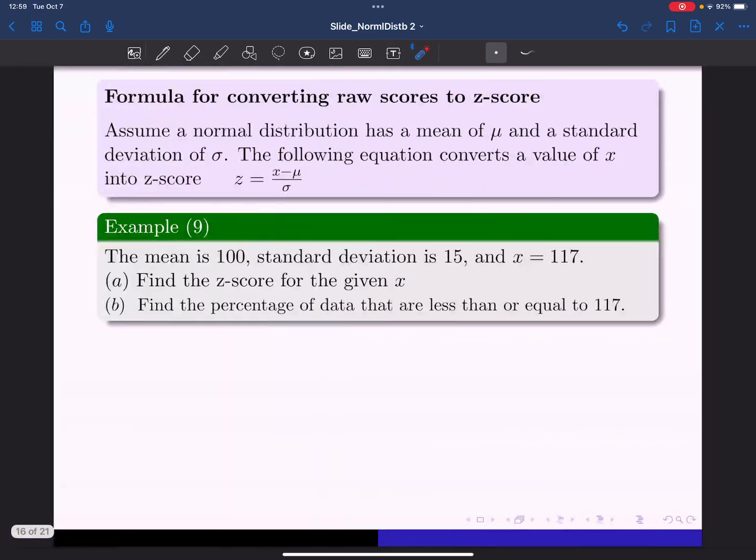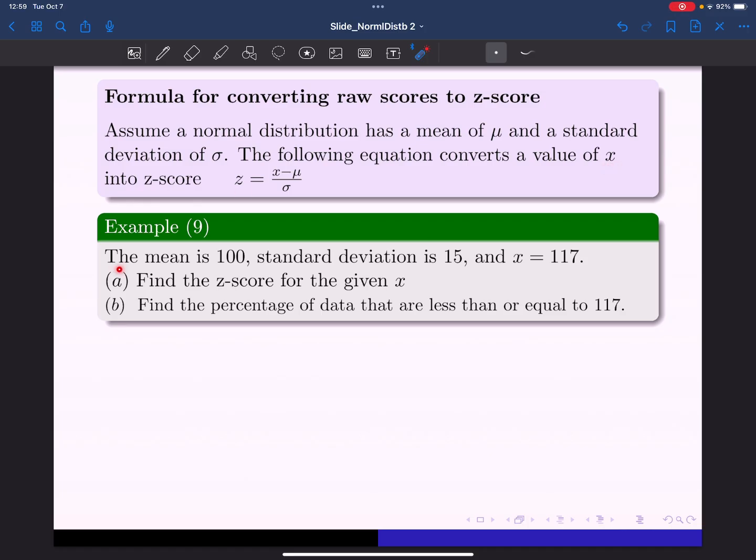We already discussed the formula for converting raw scores to z-scores. Assume a normal distribution has a mean of mu and a standard deviation of sigma. The following equation converts a value of x into the z-score. So this is the data value, and then we have the z-score.